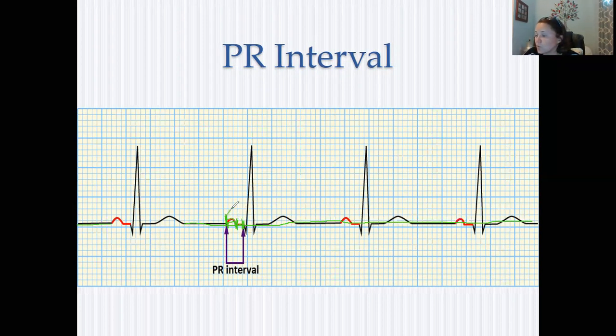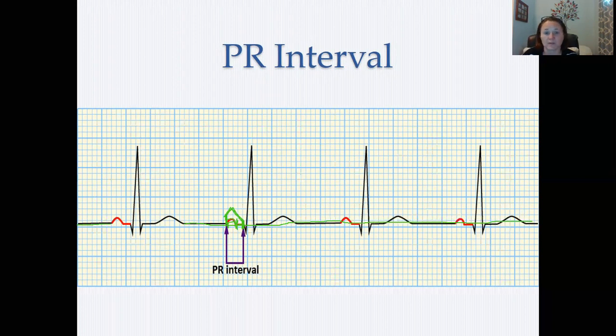So this full PR interval that we're measuring is the amount of time it takes for electricity to leave the SA node until it leaves the AV node and leads to ventricular contraction. So this represents the time needed for travel from the SA node until it is ready for ventricular contraction, leaving the AV node.